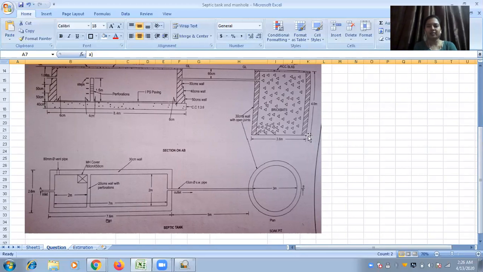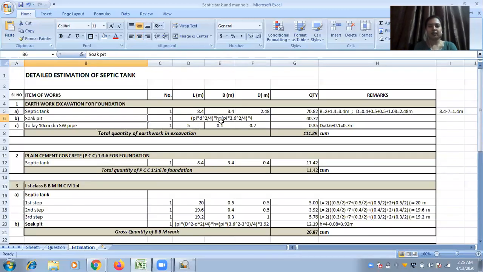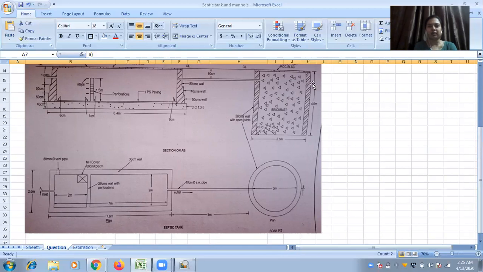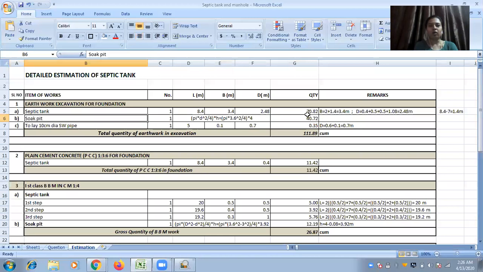Pi into 3.6 square by 4. That is the area. See here, pi 3.6 square by 4 into h, that is depth is 4 meter, which is given in the diagram. So total volume of soak pit is 40.72 cubic meter.